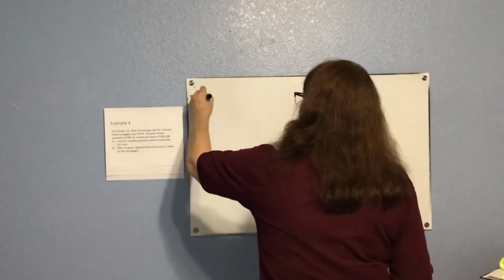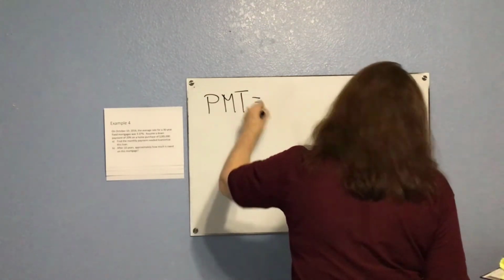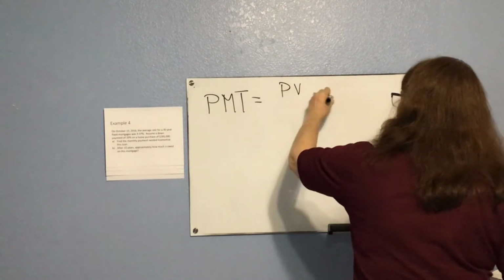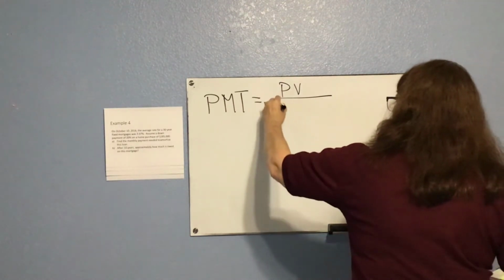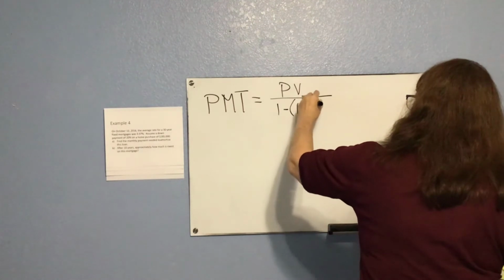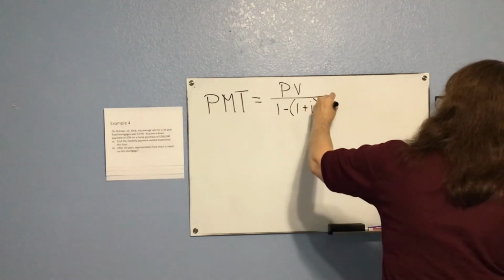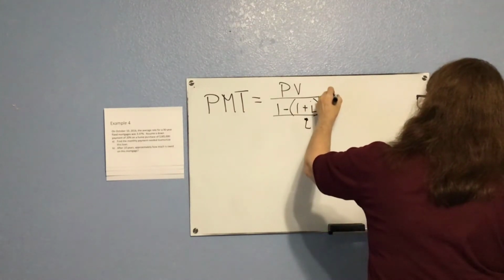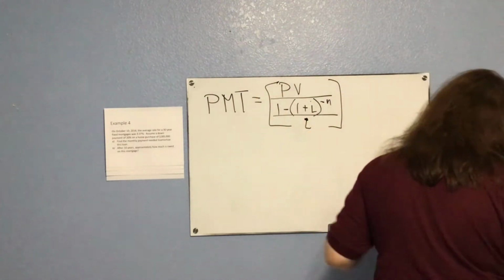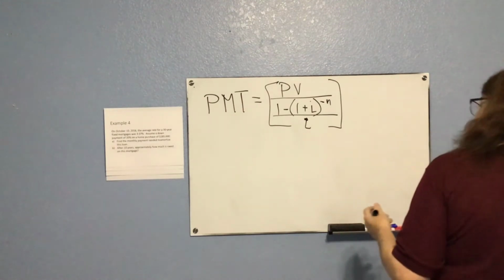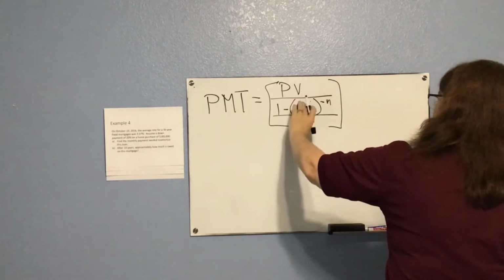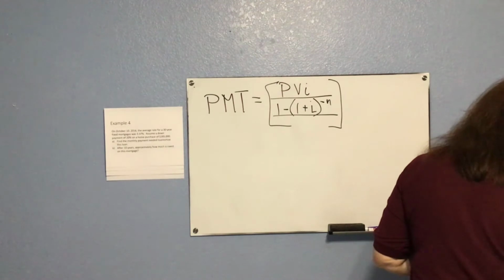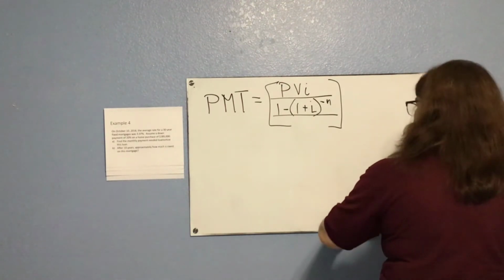If I need to know the payment, I can write the payment as present value over 1 minus 1 plus I to the negative n, over I. And to simplify this, since I have this divided by another fraction, I'm going to just move the I up to the top. And now it's a little simpler to look at.